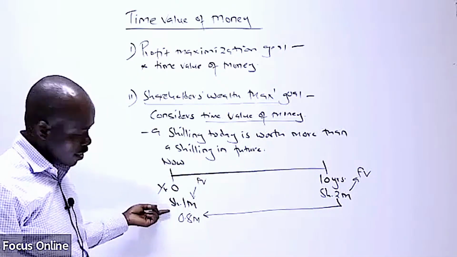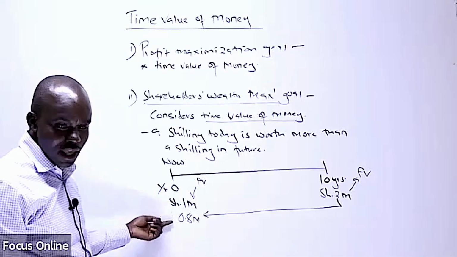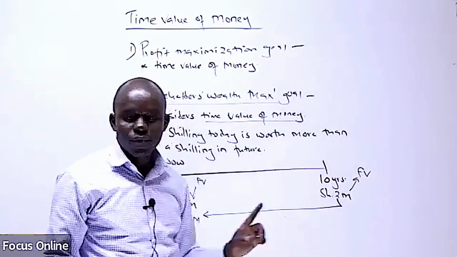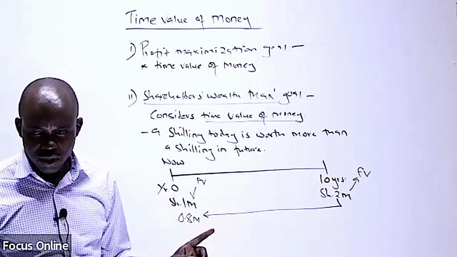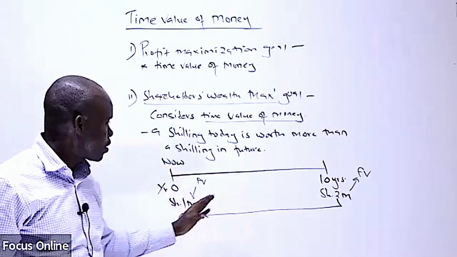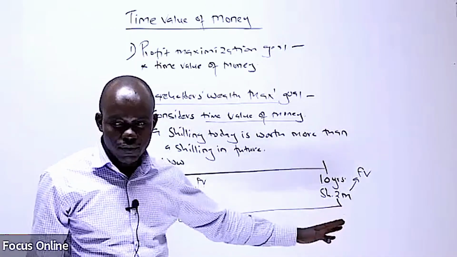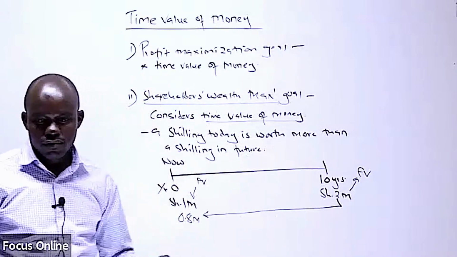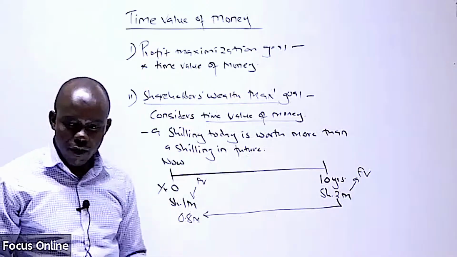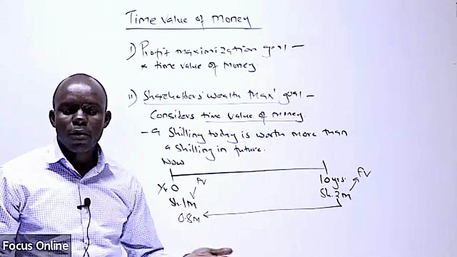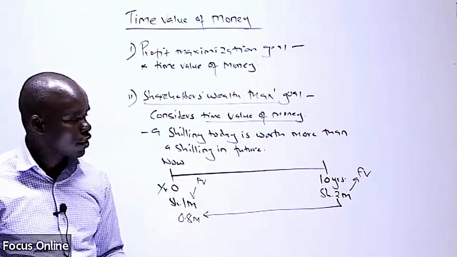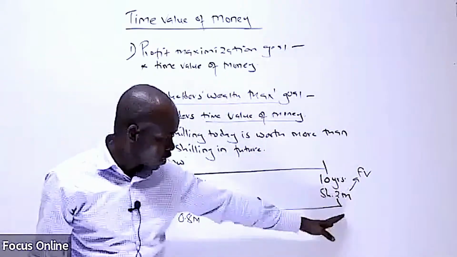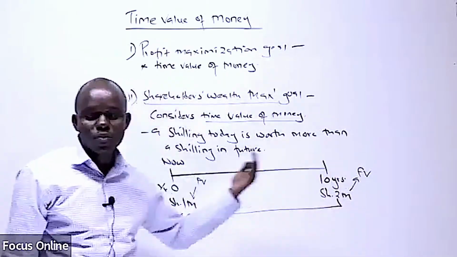Are we together? You would rather go for the 1 million shillings today, but you cannot compare 1 million and 2 million. Those two figures are not comparable, because one is in present value terms, the other in future value terms. If you want a fair comparison, you must either take this 1 million to future value or bring this 2 million to present value.